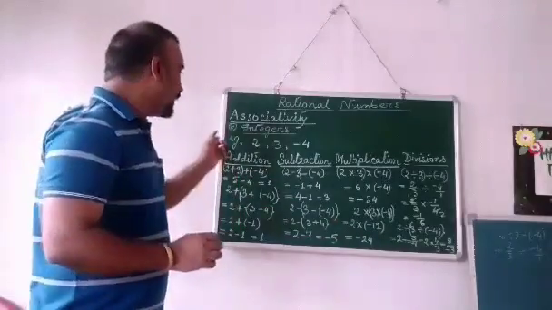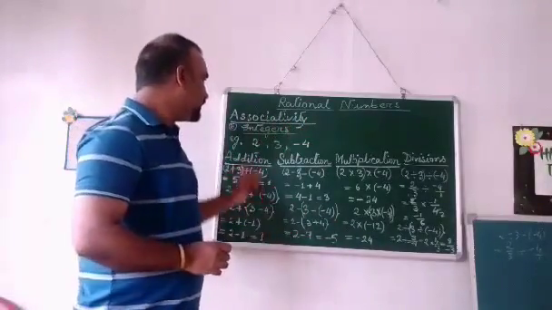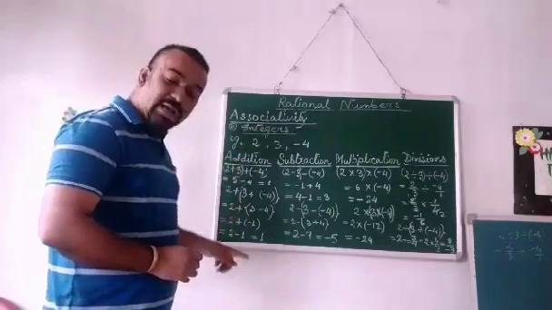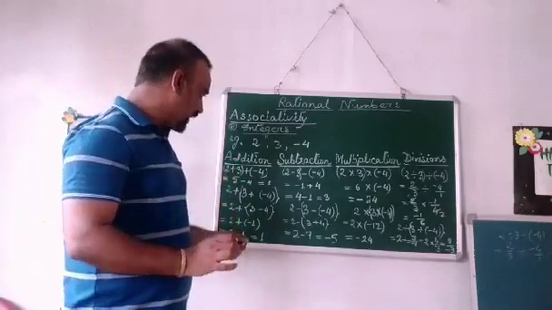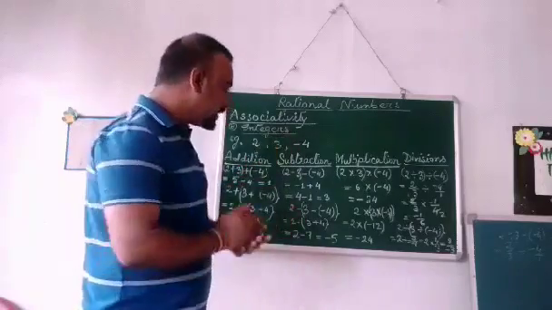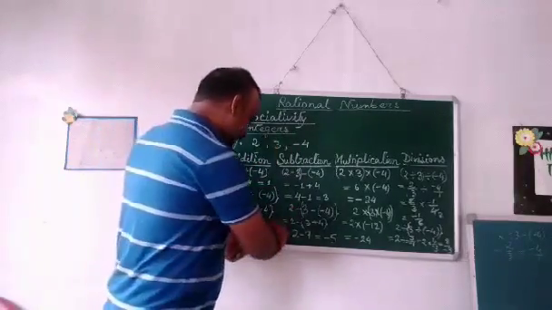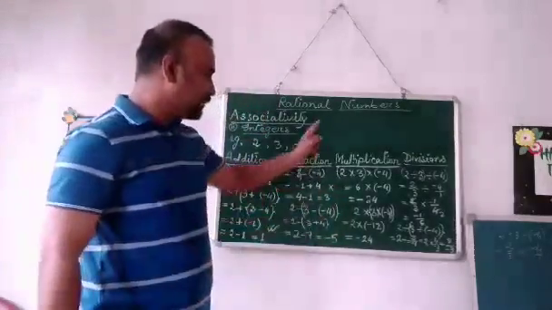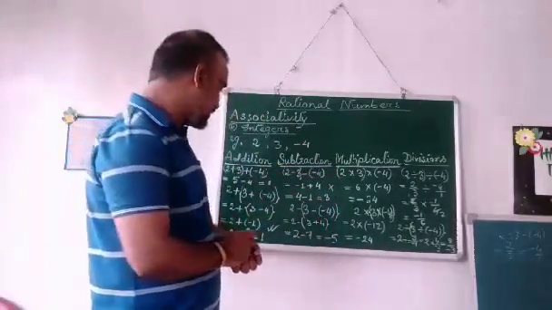Finally, we can say about this associativity property for integers: for addition, the answers are coming the same in both cases. For subtraction, the answers are not the same. So for addition it is applicable, for subtraction it is not applicable. For multiplication again the answers are coming the same.